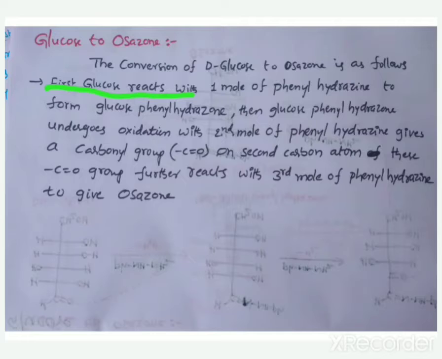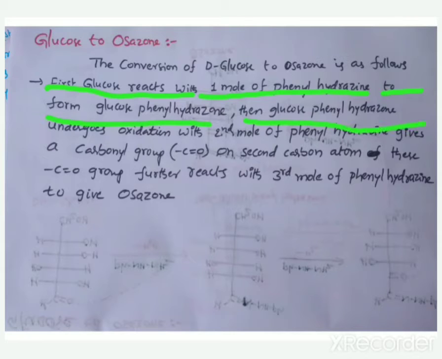First, glucose reacts with 1 mole of phenylhydrazine to form glucose phenylhydrazone.